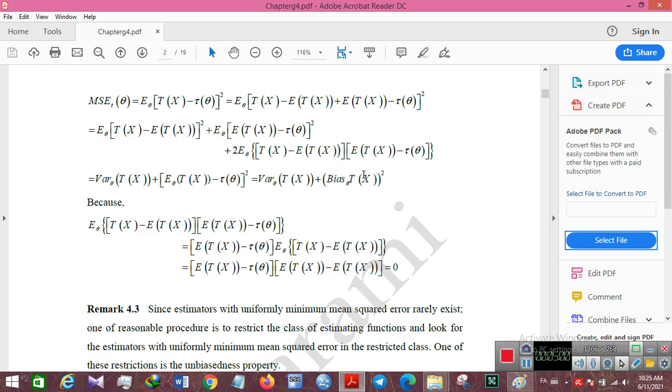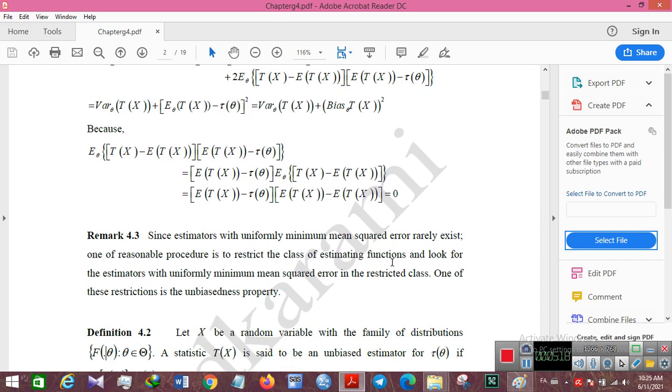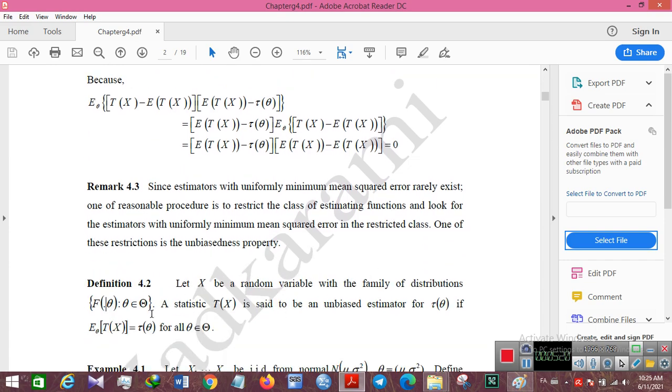One of the restricted classes is the class of the unbiased estimators. It means the bias of T(X), the expectation of T(X) minus theta, is 0, or the expectation of T(X) is theta. Therefore we define the unbiased estimator.